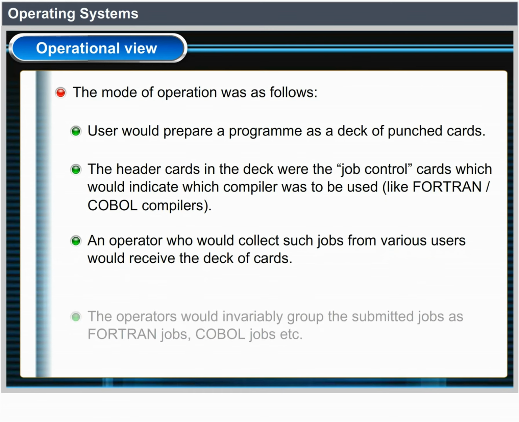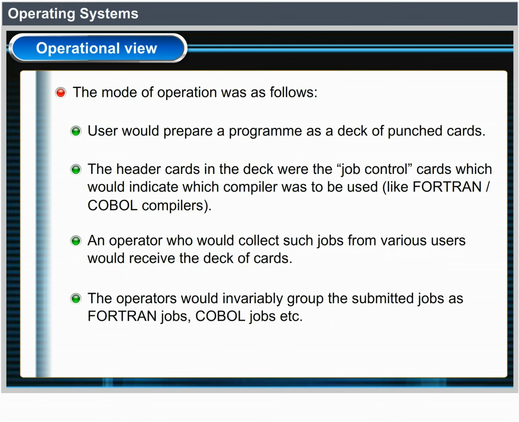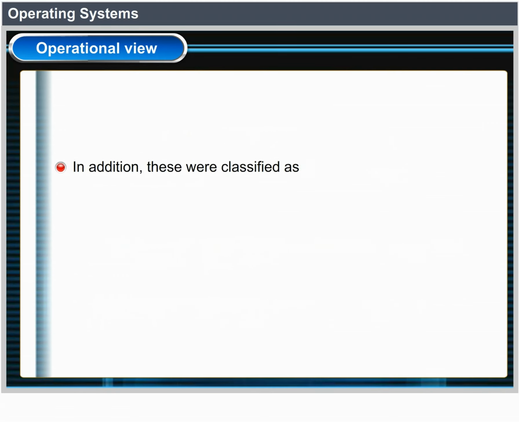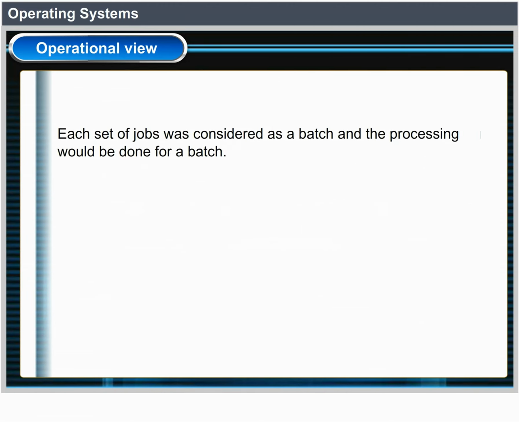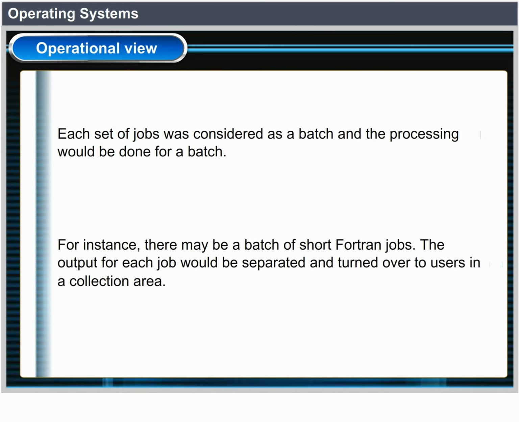The operators would invariably group the submitted jobs as Fortran jobs, COBOL jobs, etc. In addition, these were classified as long jobs that required considerable processing time or short jobs which required a short and limited computational time. Each set of jobs was considered as a batch and the processing would be done for a batch. Like for instance, there may be a batch of short Fortran jobs. The output for each job would be separated and turned over to users in a collection area.